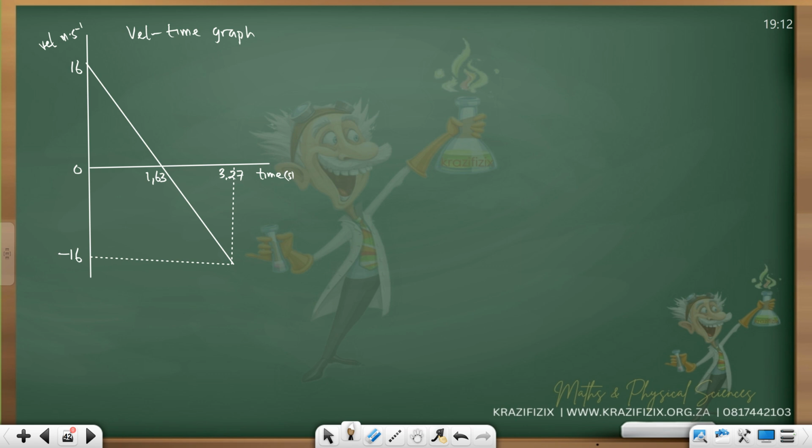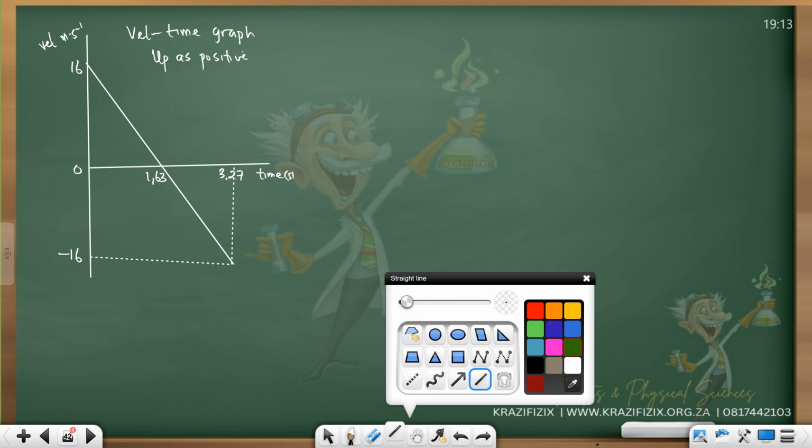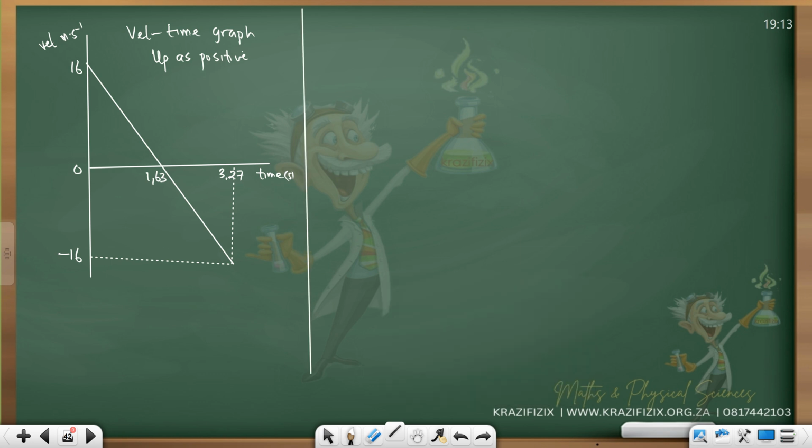Upward as positive. That's your complete graph. Let me know. Are we okay? Guys, does it look like this? Is your graph looking like this? Quickly, quick response.